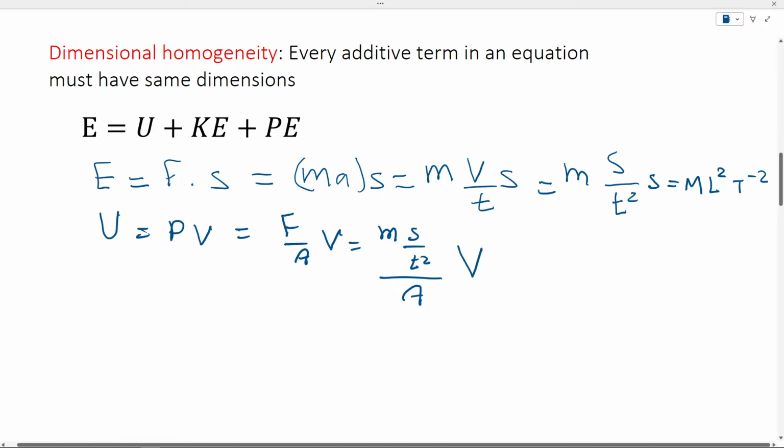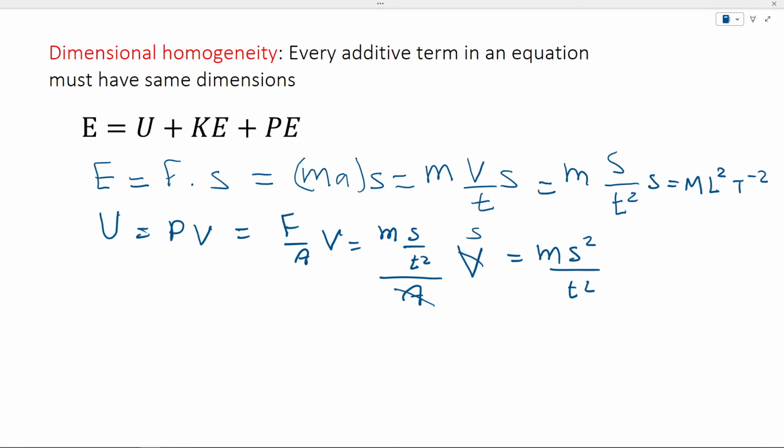So what will this simplify to? The area and volume will give you a distance. So that would be m s over t squared times s.